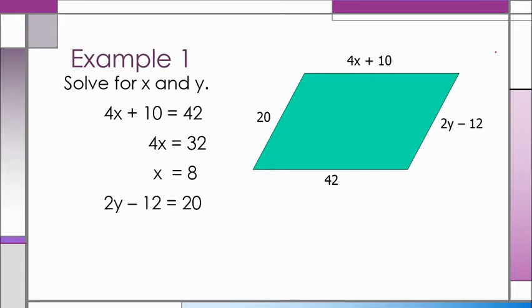We can then set it up because the opposite sides are congruent that 2y minus 12 is equal to 20. So what would be my value for y? That's correct. The y would be equal to 16. So by using the opposites are the same, are congruent, we can set these up to solve.